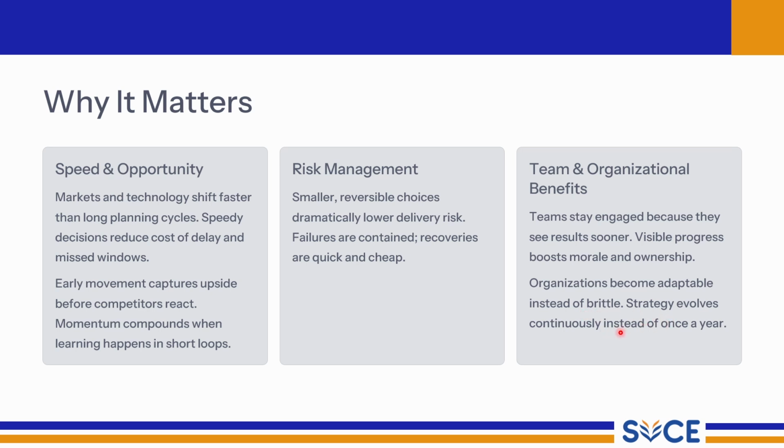Strategy evolves continuously instead of once a year. When teams see progress quickly, morale soars and organizations stop being rigid. They evolve constantly with the market. So, engaged teams and adaptive organizations.